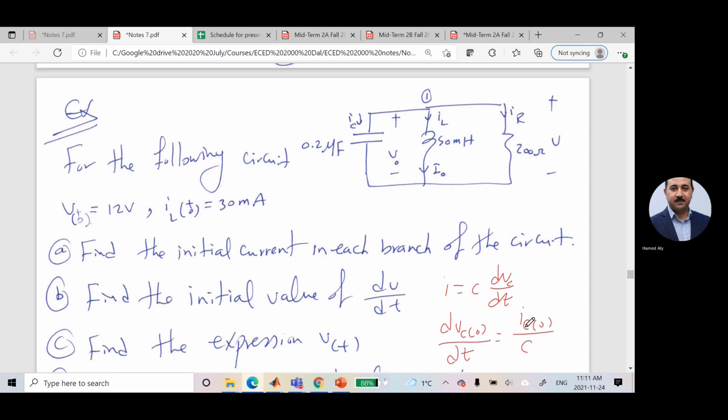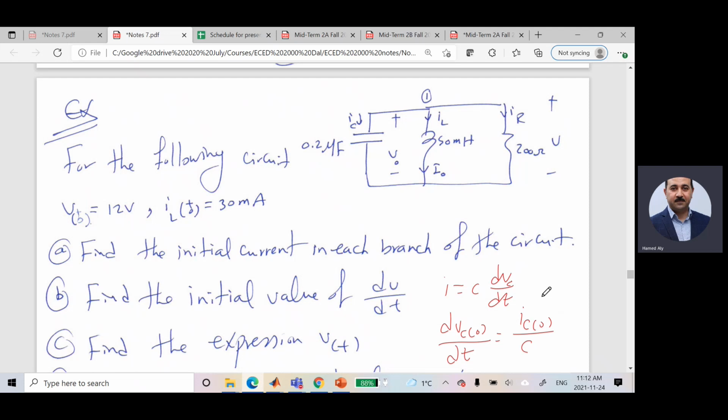Okay? So whenever I ask you to find dV of 0 by dt, you have to find IC of 0 over C. Whenever I ask you to find dIL of 0 by dt, you have to find VL of 0 over L.